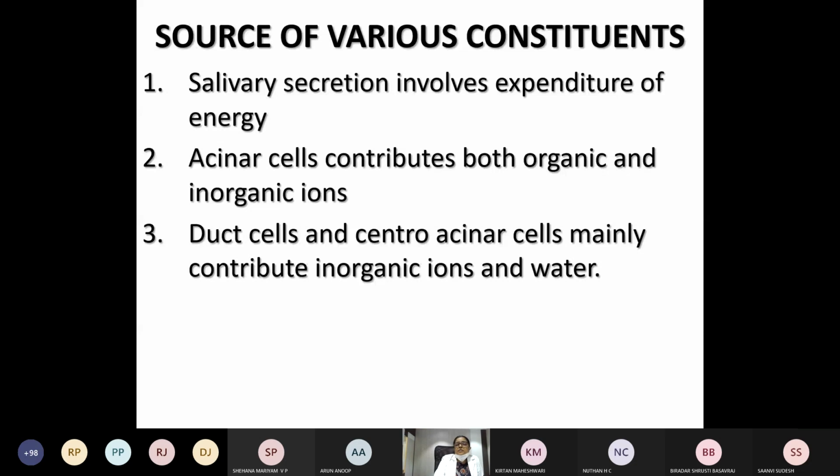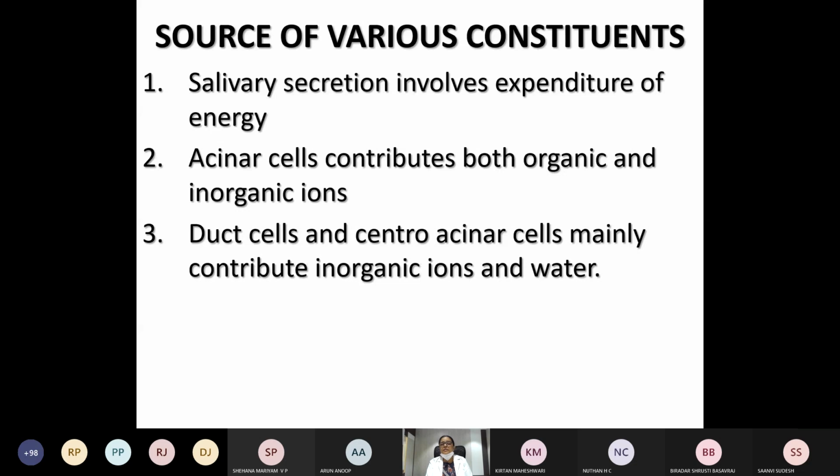Then we will come to the source of various constituents. Salivary secretion involves expenditure of energy. Serous cells contribute both organic and inorganic ions.